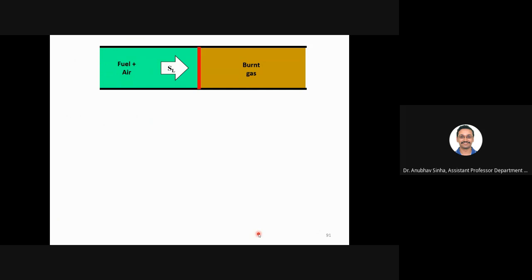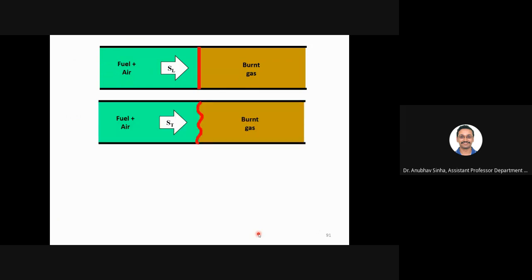Now the question is, how does turbulence affect the flame speed? This is our standard configuration. Now let us say I have turbulent flow. What you have seen is that the flame front corrugates, right? This is what we saw in the last slide. So what difference will it make to the flame speed?